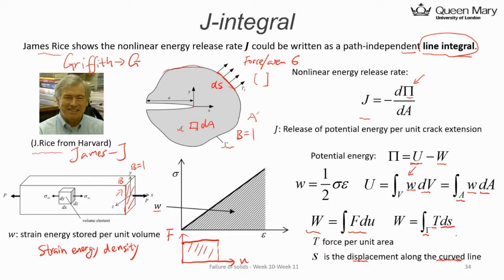So you need to do the integration over all the small amounts of ds to get the whole external work. So this tau is like the cross-section area, but it becomes a cross-section line where your load is applied.